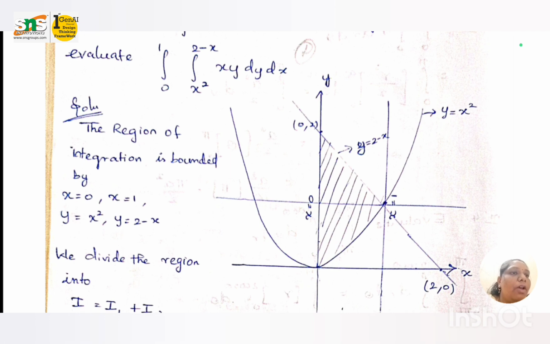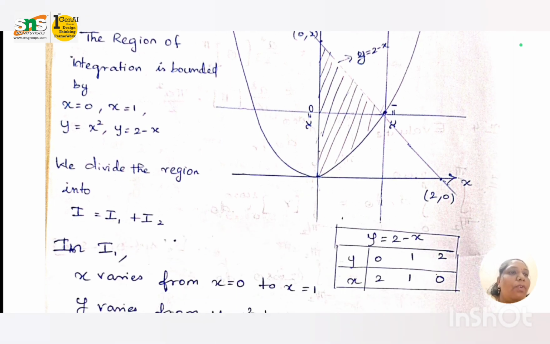So here we are plotting the values. We are taking y equal to 2 minus x. If x equal to 0, then the value of y is 2. If x equal to 1, we get y equal to 1. If y equal to 0, then x equals 2.